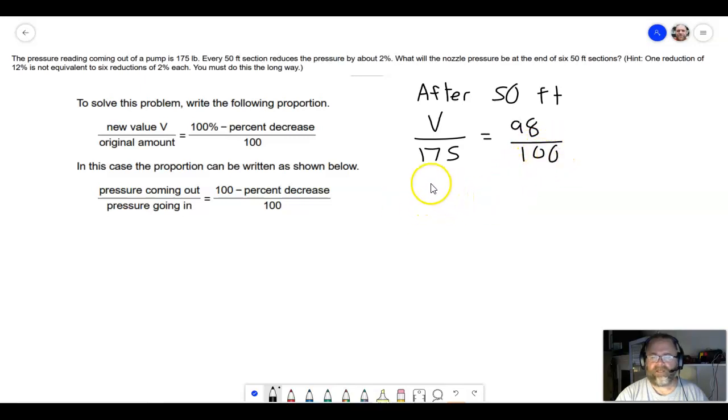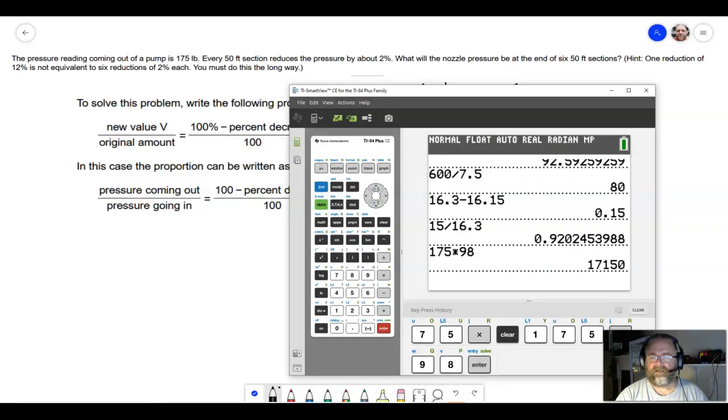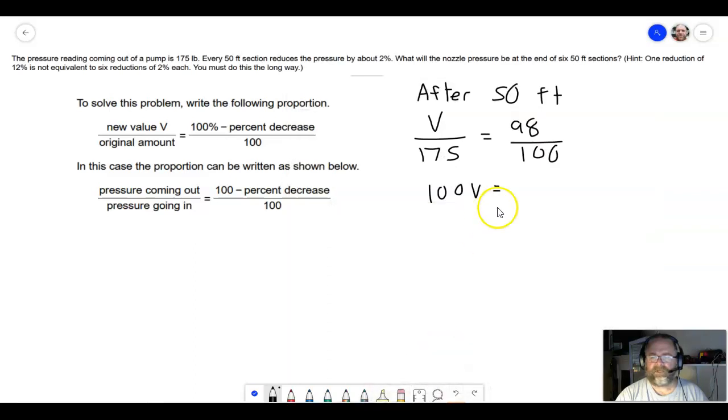You cross multiply and divide, you're going to get 100V is equal to, I think I already did this in my calculator, 17,150, and then if you divide both sides by 100, you'll get V is equal to 171.5.